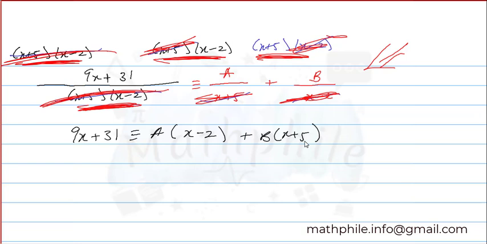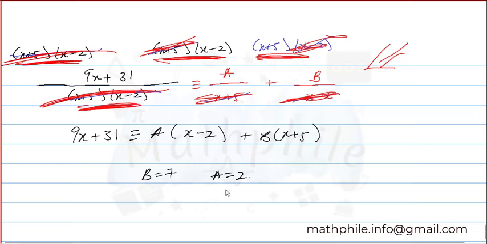B is equal to 7. And A is equal to 2. B equal to 7, A equal to 2. Is everyone at the same level?